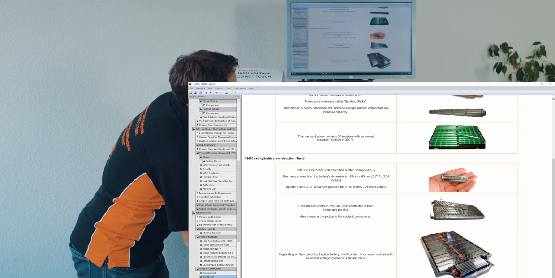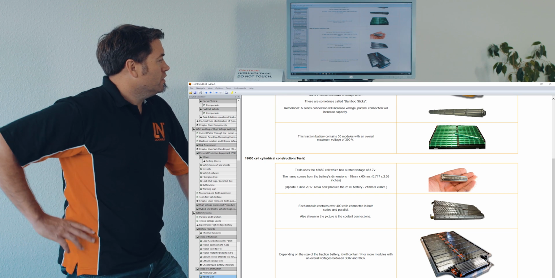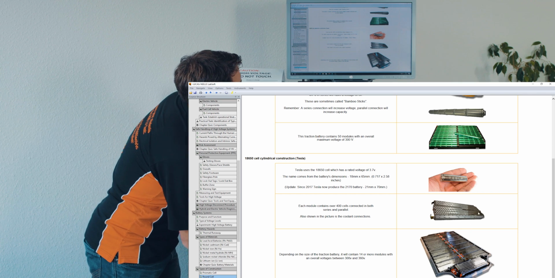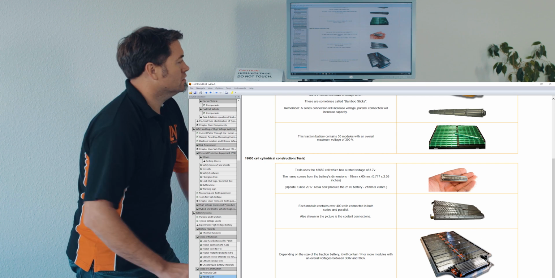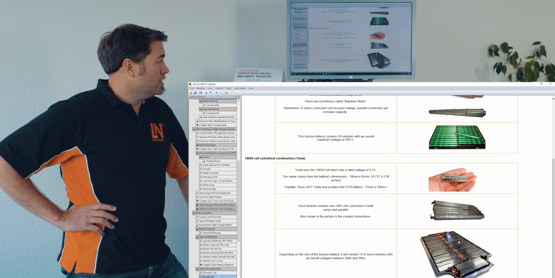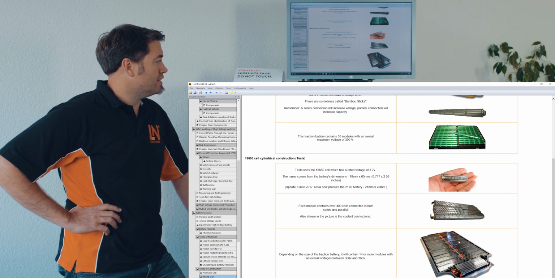But you can see that the battery here is now much smaller, but there's thousands of them. So in each of these modules here, we've got 400 modules in there with up to 14 modules in each of these battery packs. So there can be up to 7,000 of the individual battery cells.